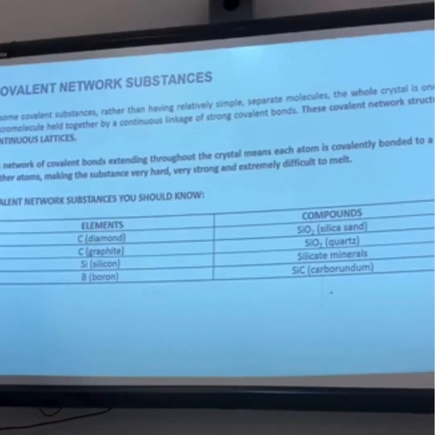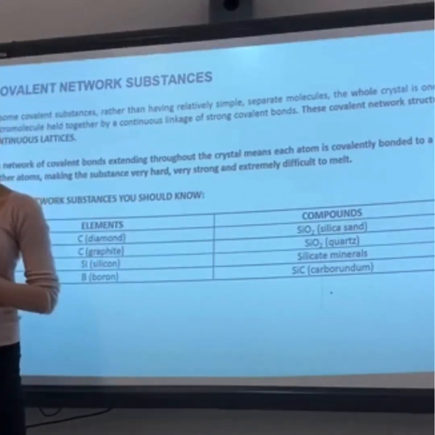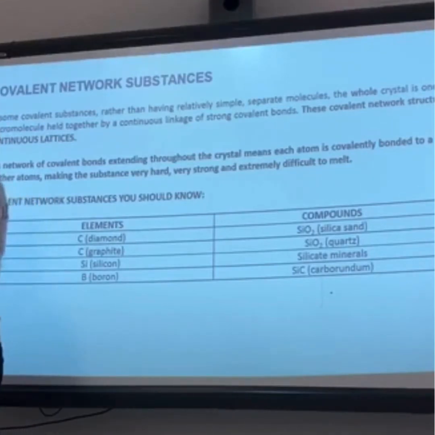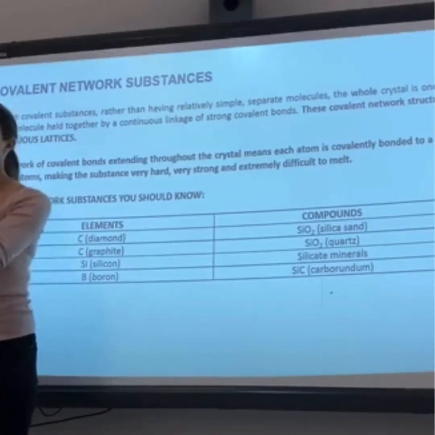We're going to have a look at what the structure looks like in a minute. You need to remember these substances. When you get a covalent substance, you know it's covalent because it's two non-metals. How to know whether it's covalent molecular or covalent network is just based on your memory.